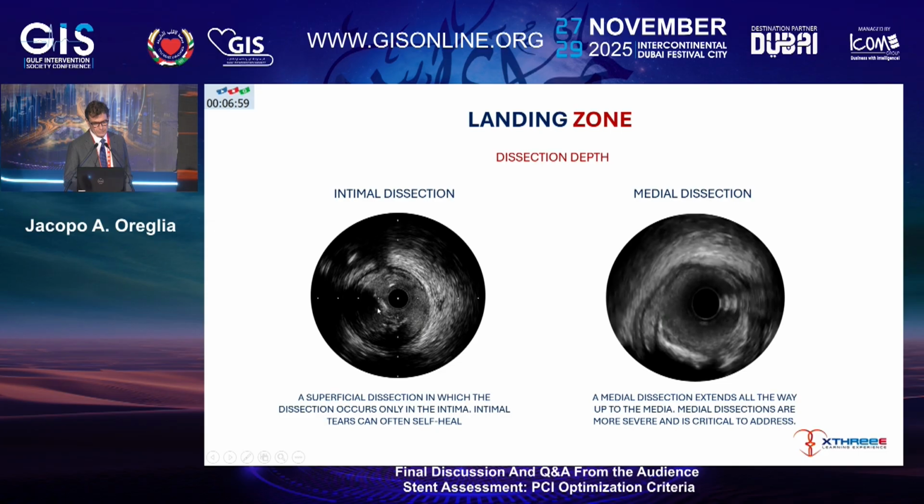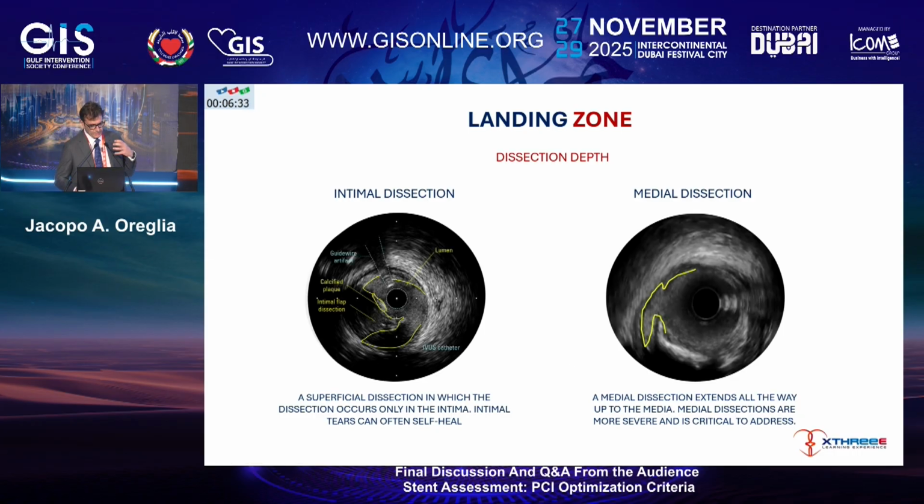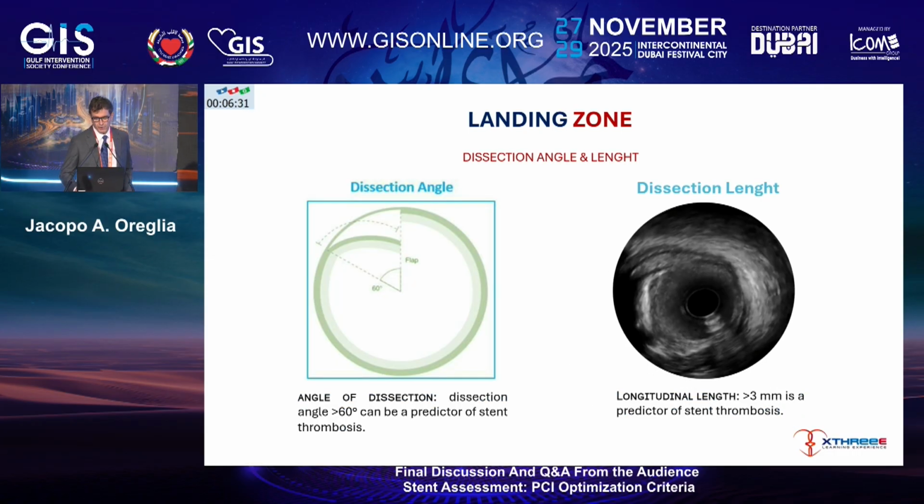You can see here the intima, which is disrupted, and it's quite often seen also after balloon predilatation of non-calcific lesions when you go with high atmospheres. And in this case, you can see a medial dissection that extends all the way up to the media. These dissections are usually more severe and sometimes need a particular treatment to avoid stent failure, acute stent failure.